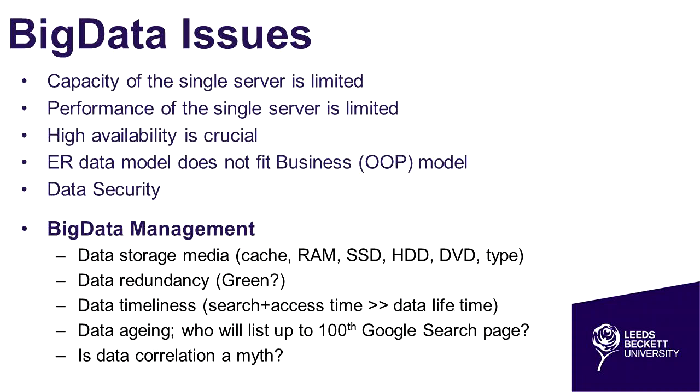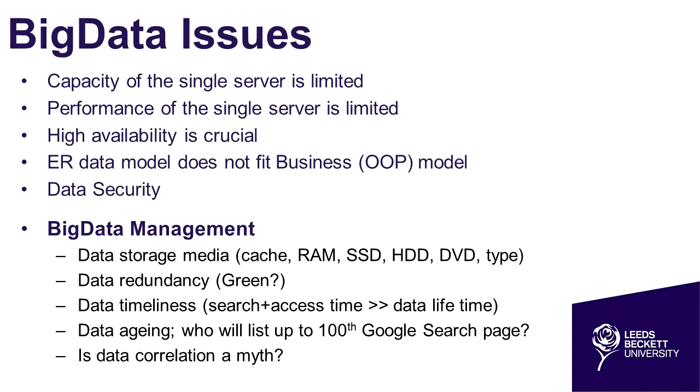In terms of design of the database, the traditional ER data model, or the entity relationship data model, which I think most of us are familiar with. If you go to traditional databases, it's all about ER modeling, isn't it? So that ER modeling does not fit the current business models.